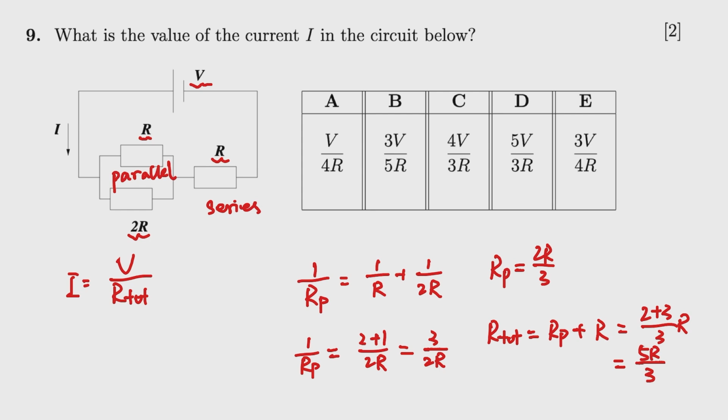Now, we can calculate the current by putting R total back into the equation. So I equals V over 5R over 3. And we can put 3 on the top, so that's going to be 3V over 5R. And B is the correct answer.